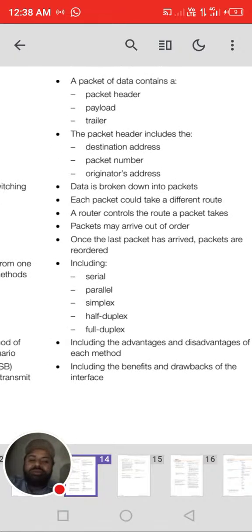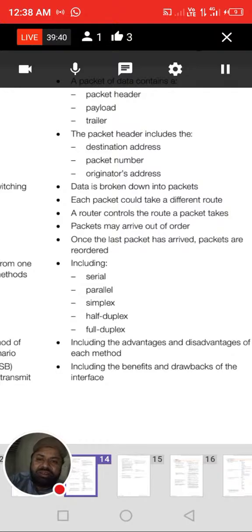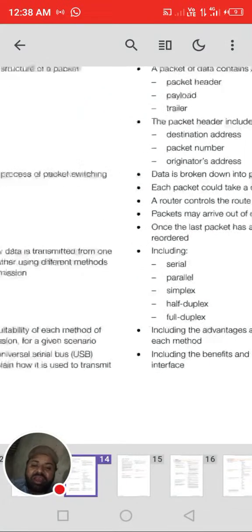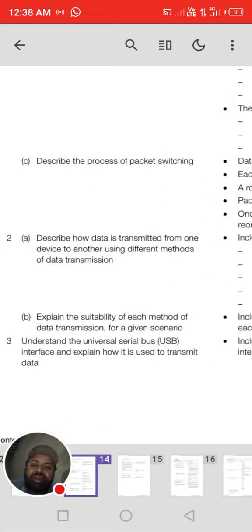Each packet can go in a different order, and it is reordered according to the original source. This is the basic concept of packet switching, and we will see it in detail.